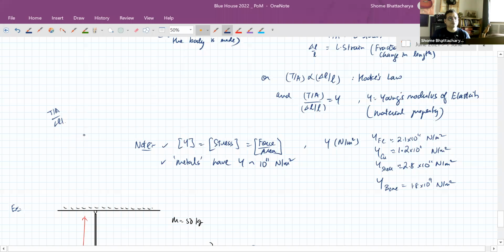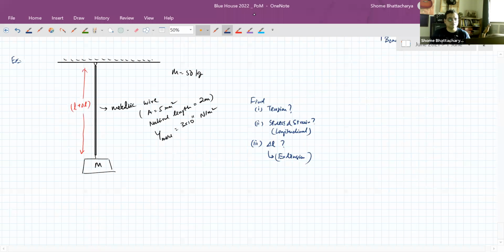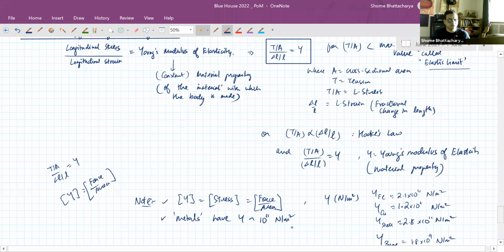So you can see the dimension of Young's modulus will be the dimension of force per unit area. Durgesh and Samar, the unit is clear, no? I think I've written the unit correctly, no? Newton per meter square. Yeah.